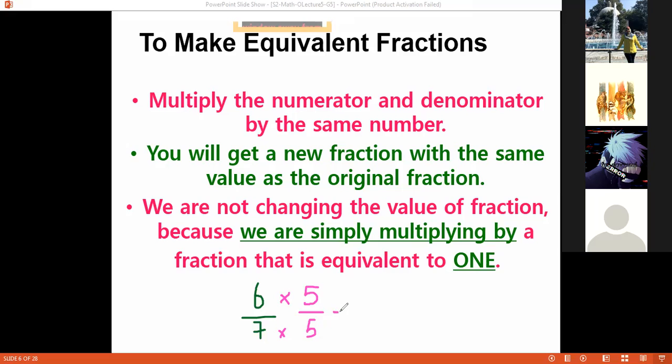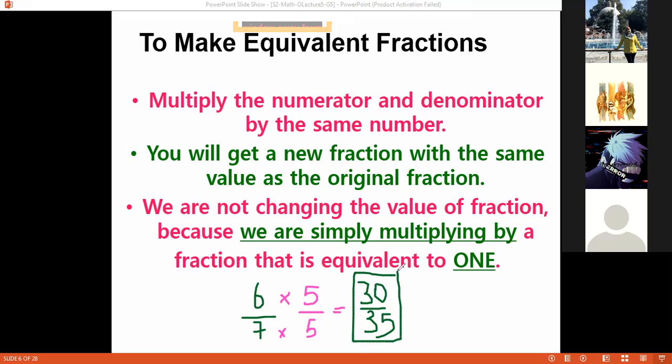Let us continue. So what's 6 times 5? 30. Very good. What's 7 times 5? 35. So we got a new fraction, which is 30 over 35.